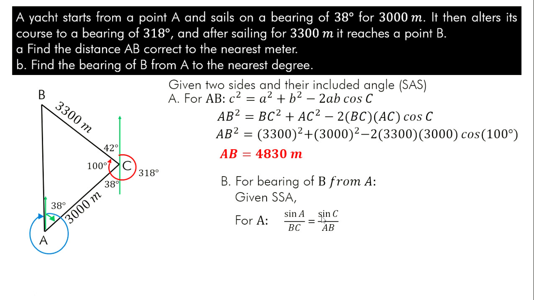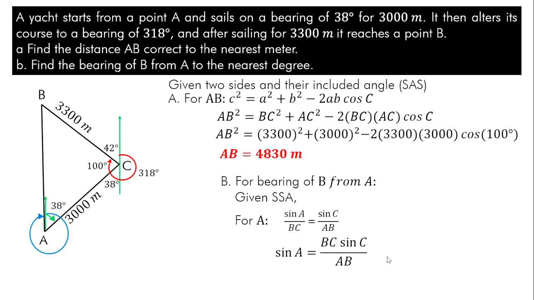BC is the side A, and AB is the side C, which is 4,830 meters. Manipulating this, sine A equals BC times sine C all over AB.